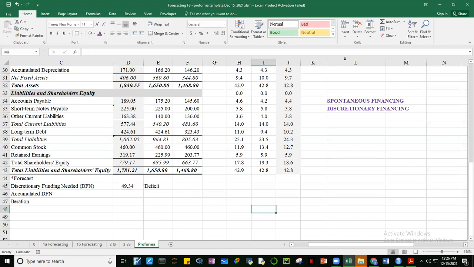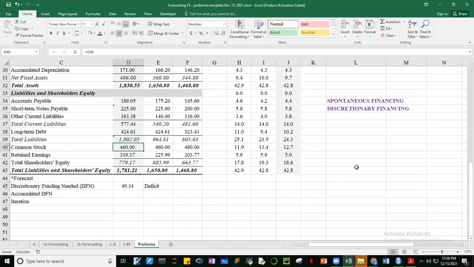Okay, so how do we solve this, guys? Kailangan natin, explain ko muna, kailangan natin, guys, dagdagan yung financing natin. And usually, linalagay yan sa discretionary funding. So either long-term debt or pwedeng common stock.